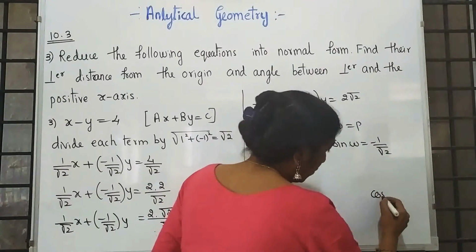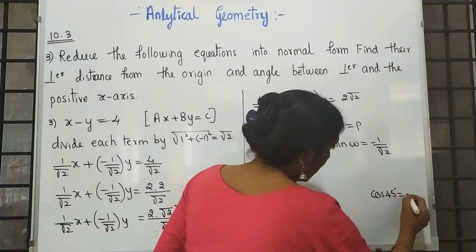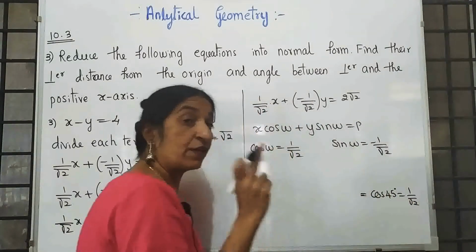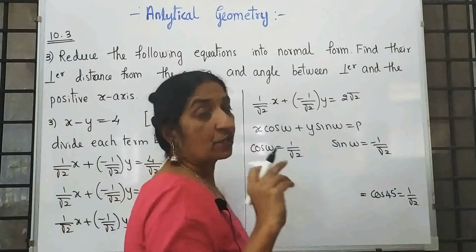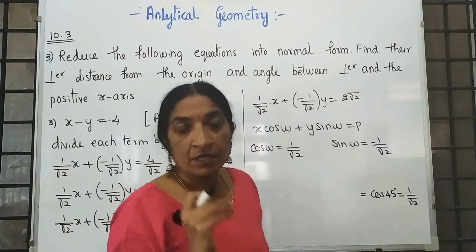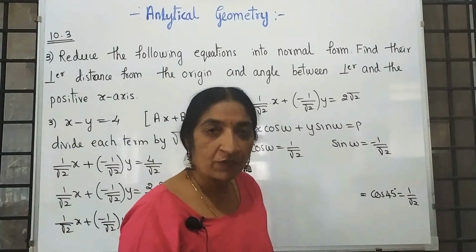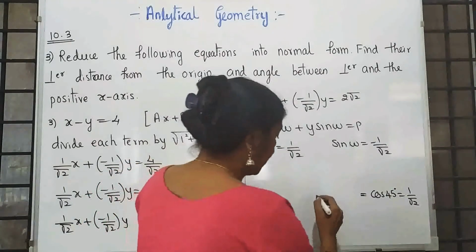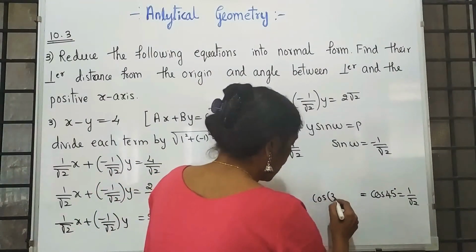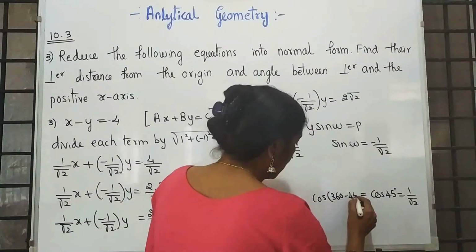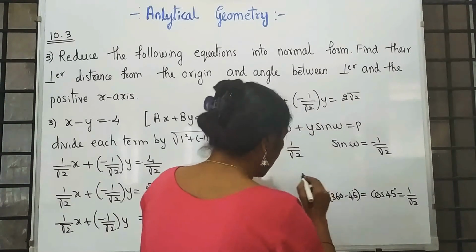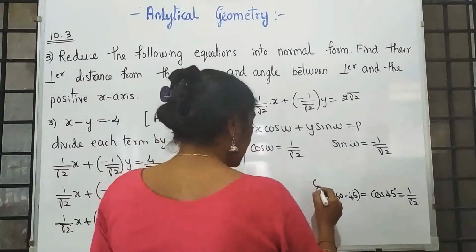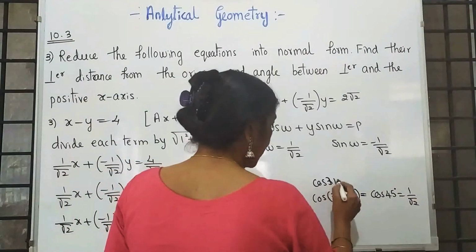So how do you fit? You know that cos 45 is 1 by root 2. How do you fit cos 45 in the fourth quadrant? Don't take 270 plus 45. If you take 270 plus 45, cos changes to sine. So take 360 minus 45. Cos of 360 minus 45 is cos 315.